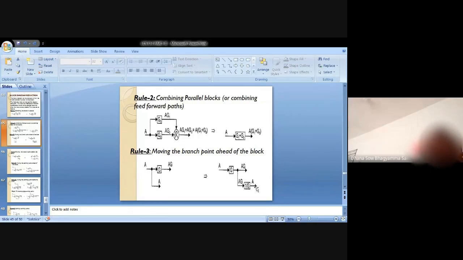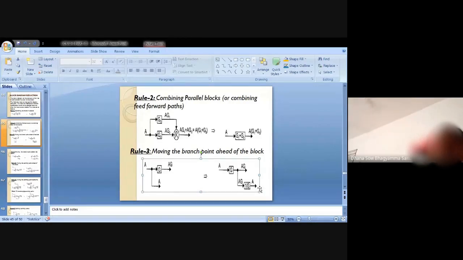I want only A, but I am getting AG, because when this branch point moves ahead of this block, the signal starts from this location, so AG will be there, not A. I don't want AG, I want only A. So I can add a block here in which I write the transfer function as 1 by G, so that AG into 1 by G gives me A. My initial input value and final output values are not changing, so I am satisfied.